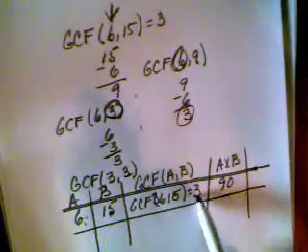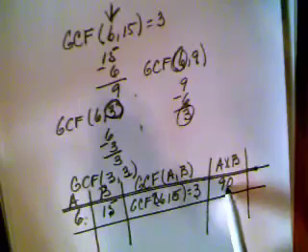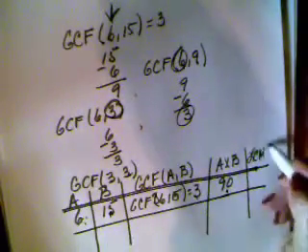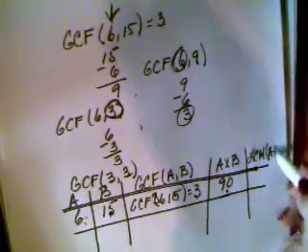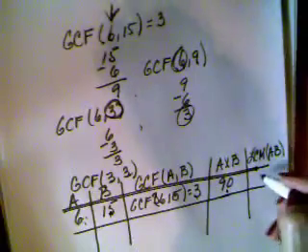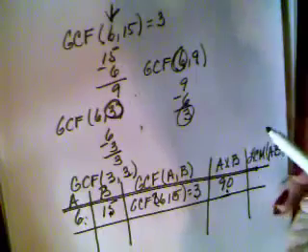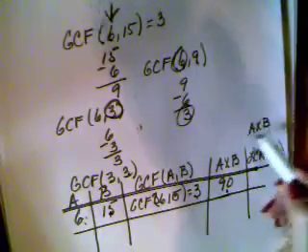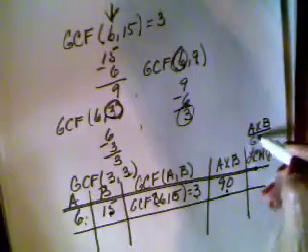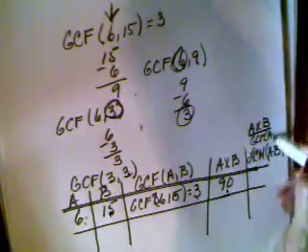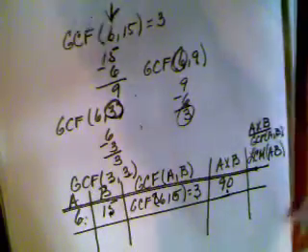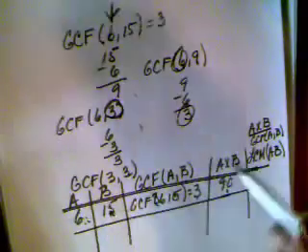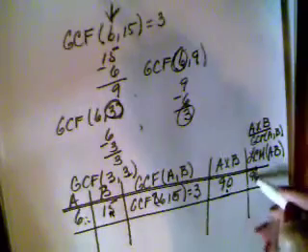And if I divide the product by the greatest common factor, that will give me the least common multiple. The least common multiple is A times B divided by the GCF of A, B. So I'm taking the product, 6 times 15, which is 90.